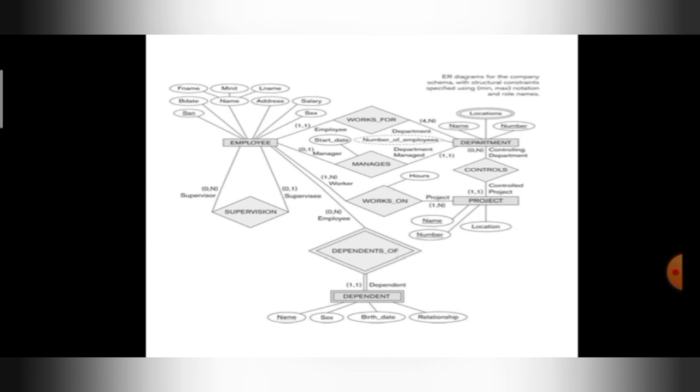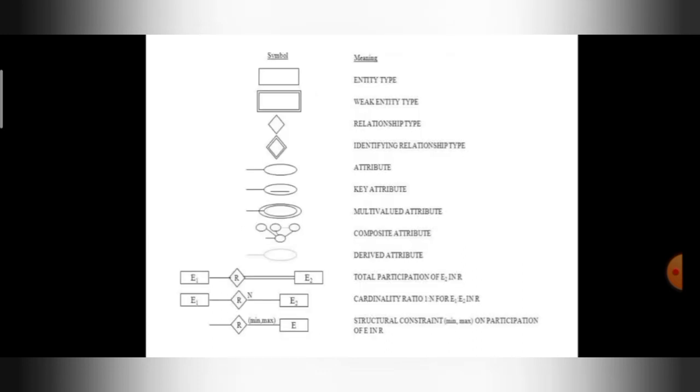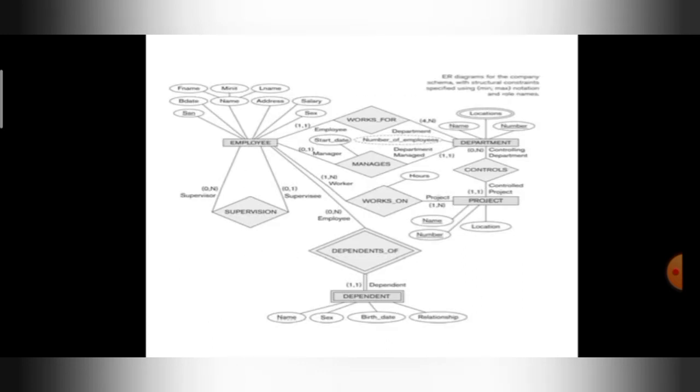So don't worry about those identifying things. I will explain what an identifying relationship is in a detailed way in upcoming videos. So far you should understand the notations. To define the relationship between the weak entity and the entity, you should use the notation double rhombus, that is identifying relationship.